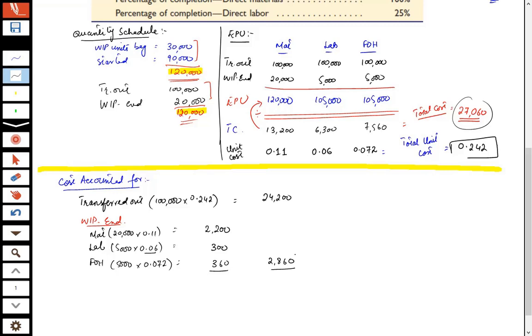Again, there is a problem. Yes, it is 2,706. This plus this, calculate what is the amount.